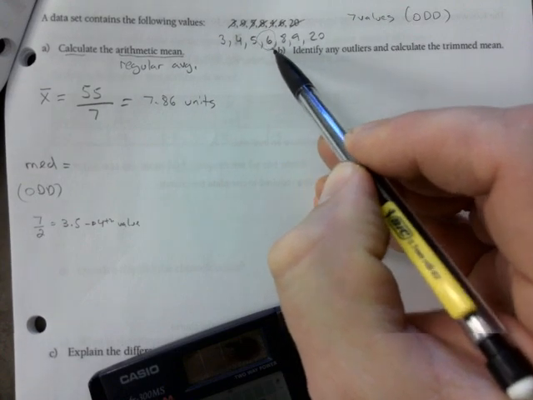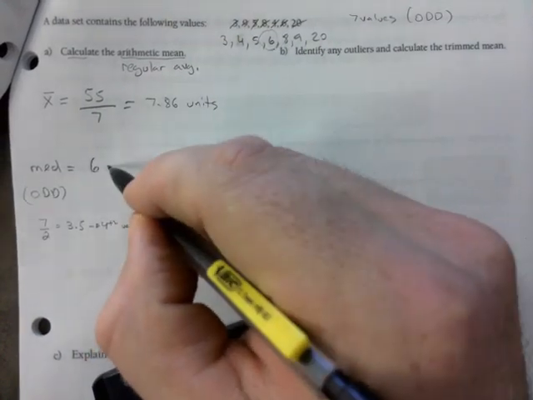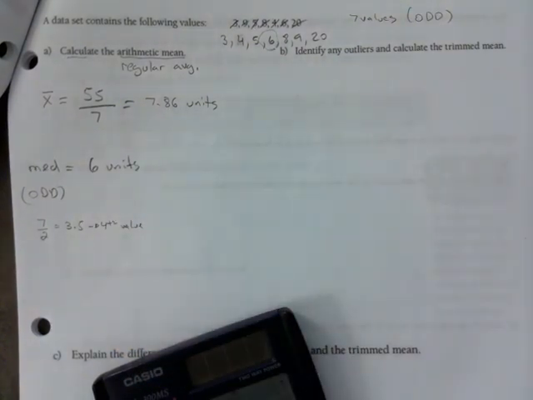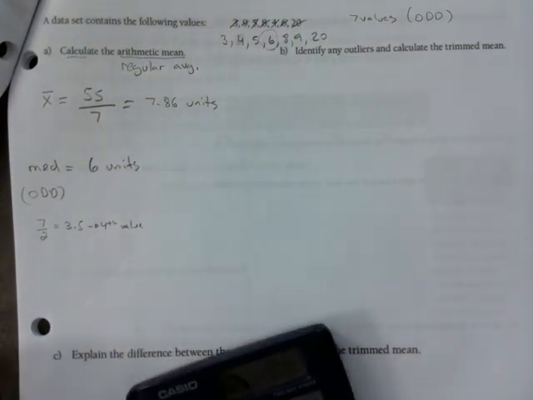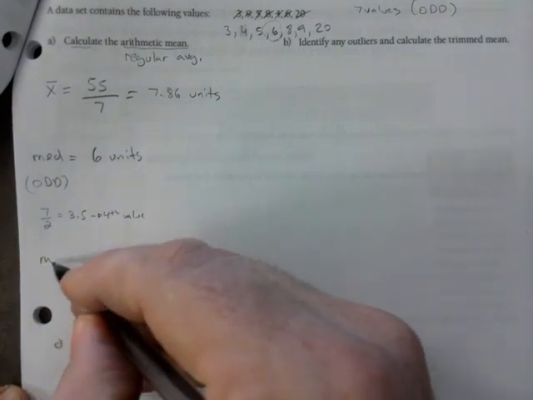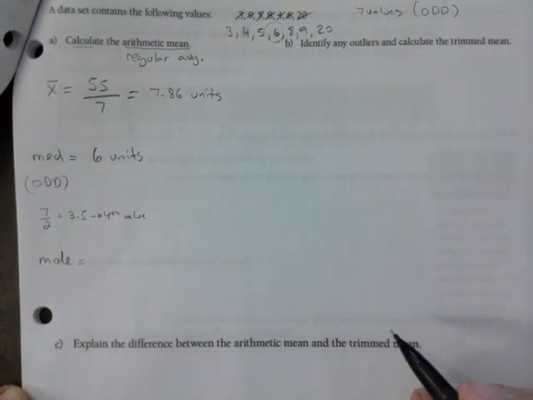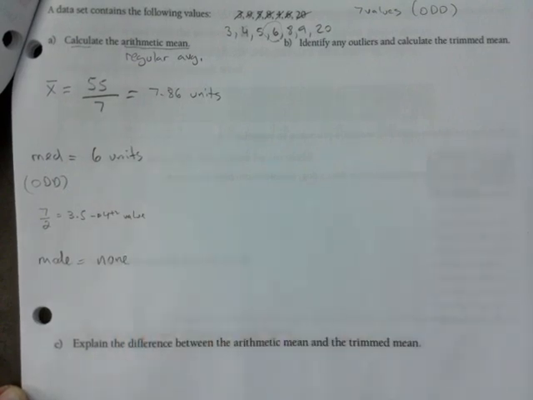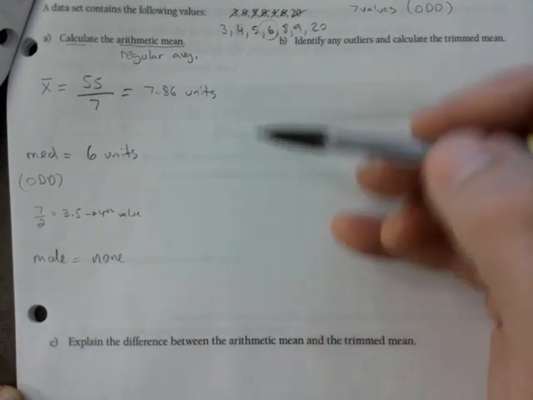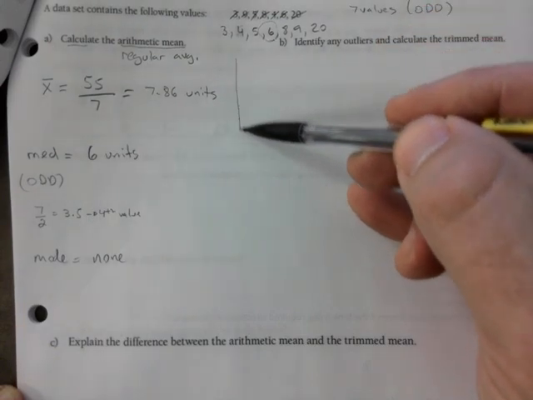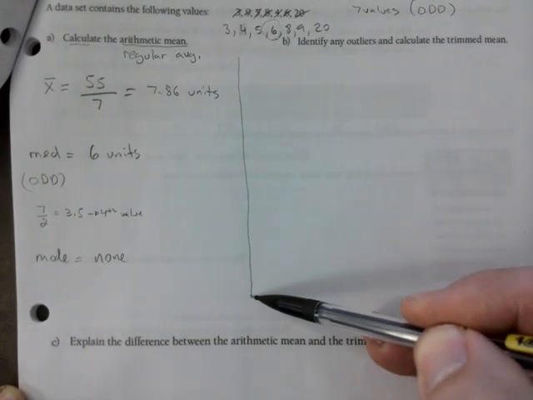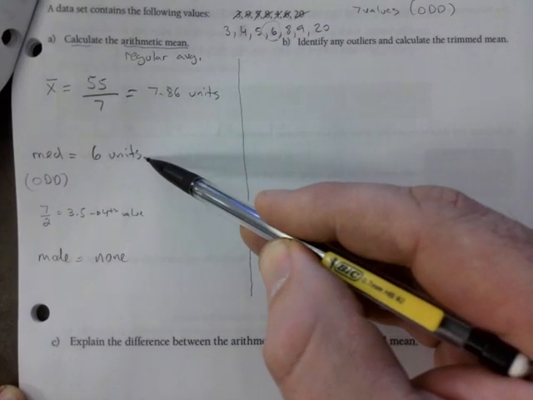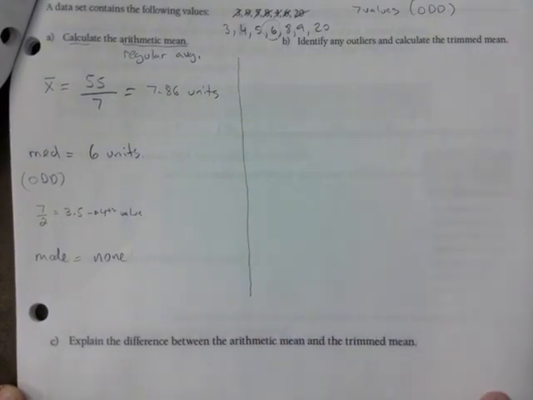It's this one. Yes, 6 units. So we got the median down. What about the mode? Is there a mode? Nope, none. Okay. All right, so now we're gonna actually break this here. Cut it right there. So I went mean, arithmetic mean, median, and mode. We didn't have a mode in this case.